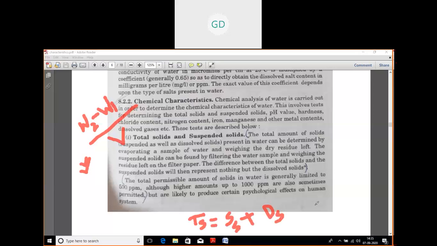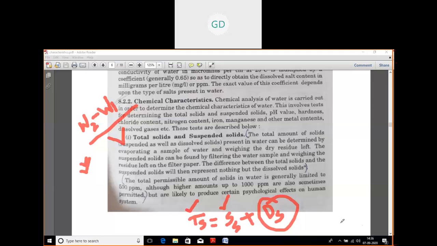We have done the experiment for total solids and got the value, and suspended solids also we got the value. Now we can easily find your dissolved solids by subtracting: total solids minus suspended solids. Like this your experiment is done.